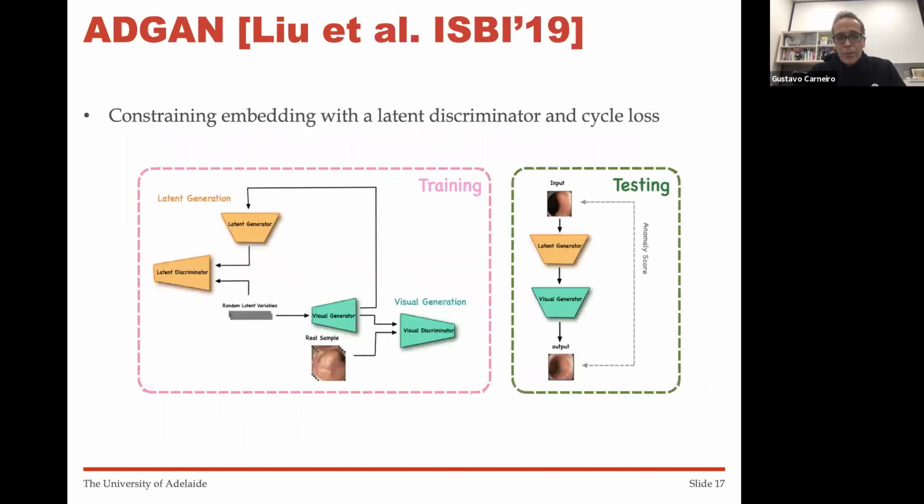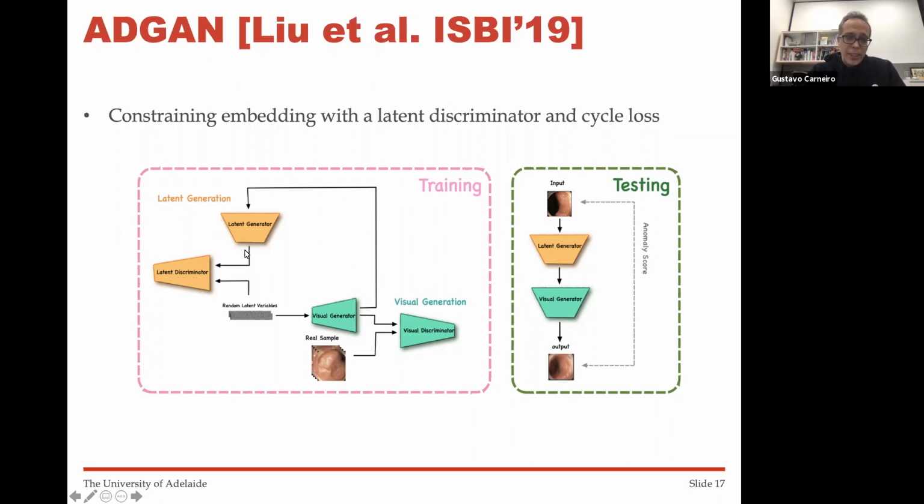So the first method that we proposed, actually a couple of years ago, to address this problem is the ADGAN, where our main contribution is that we use this dual generator-discriminator, one to generate images and another one to generate latent vectors.